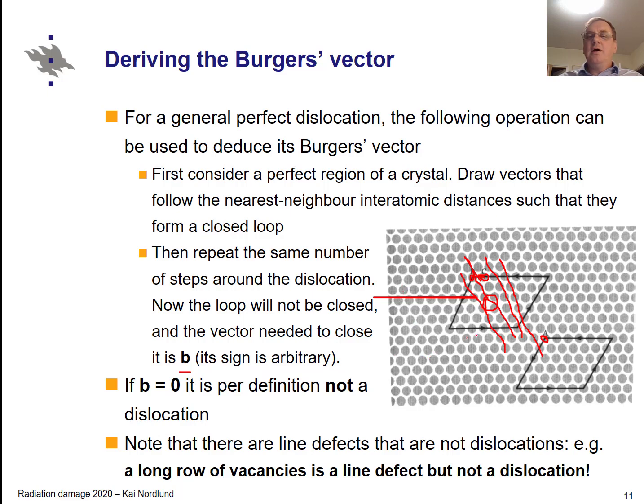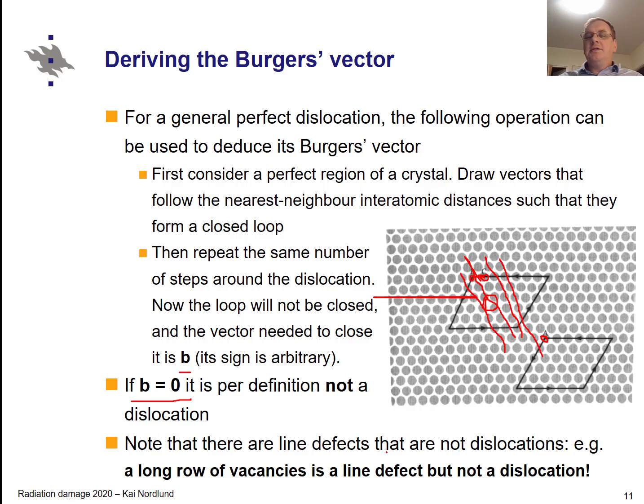If you do this Burgers circuit operation in a perfect crystal, you get b equals 0 because you end at the same atom. If you do it around a defect and you end at the same atom, then it's not a dislocation. So the Burgers vector really can be used to define what is a dislocation. And this is an important distinction because not all line defects are dislocations.